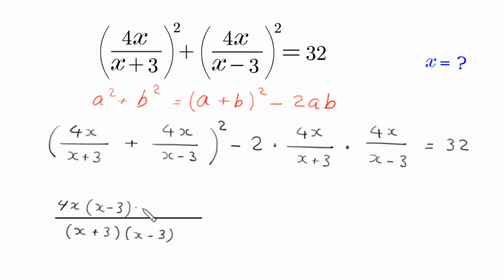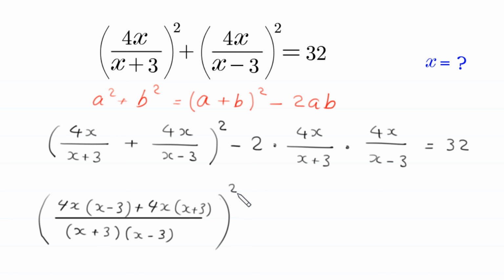This plus will come here, and when we divide this LCM by this x minus 3 we get this x plus 3, so we multiply this 4x by this x plus 3. This will become 4x times x plus 3.